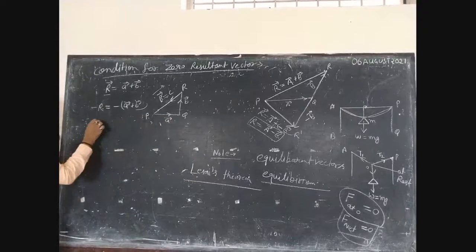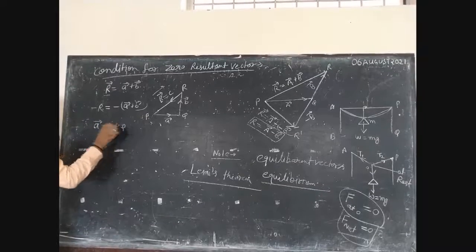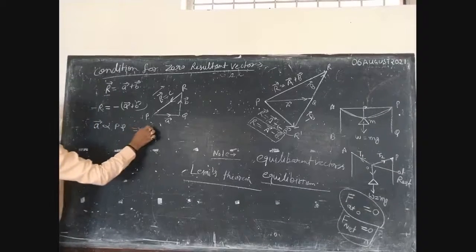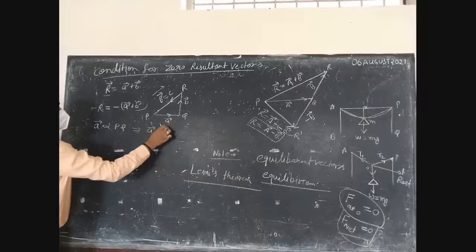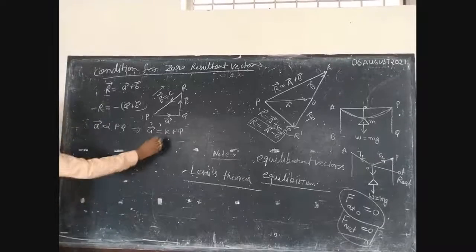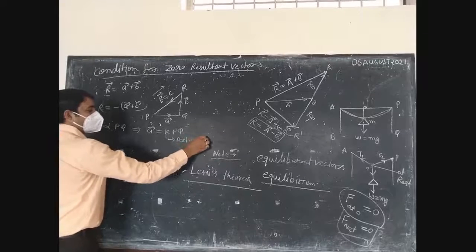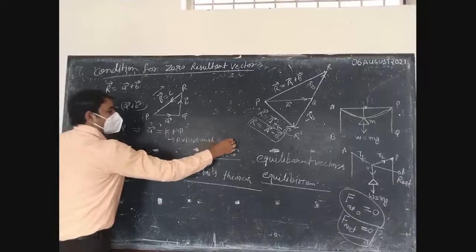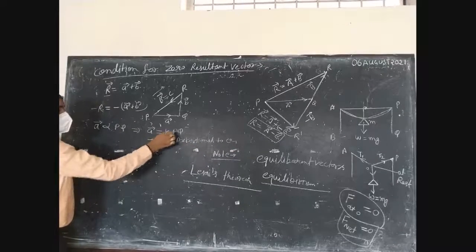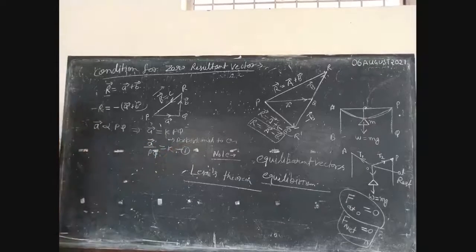That means vector A is proportional to the side PQ, for the condition of zero resultant. Then from here you will get that vector A is equal to K PQ. This K is the proportionality constant. Therefore, you can easily calculate vector A upon PQ equal to K. This is, let's say, equation 1.